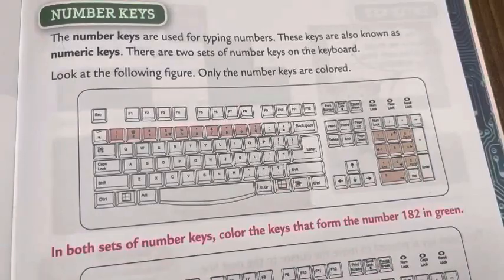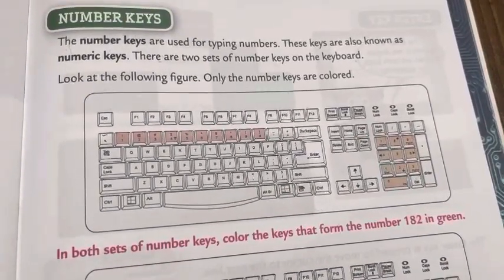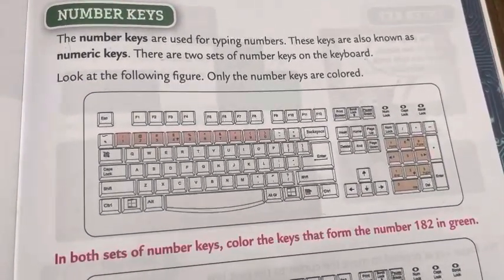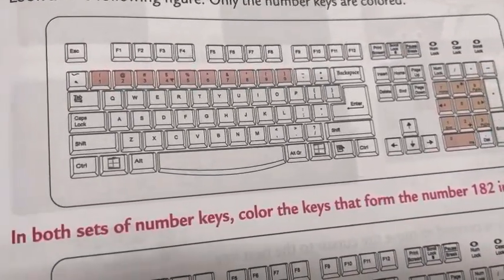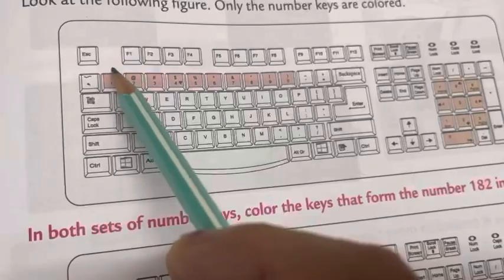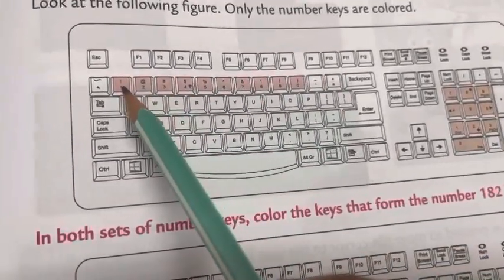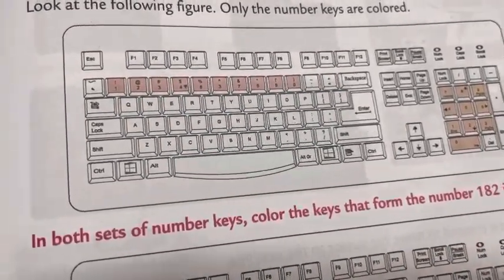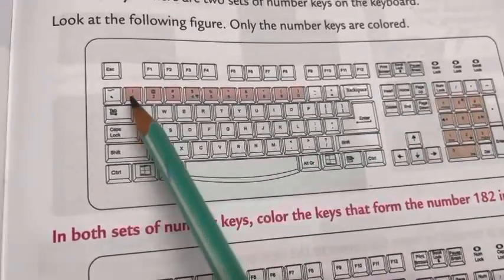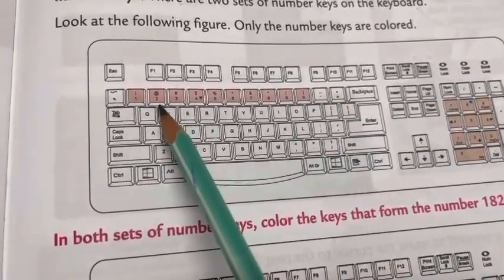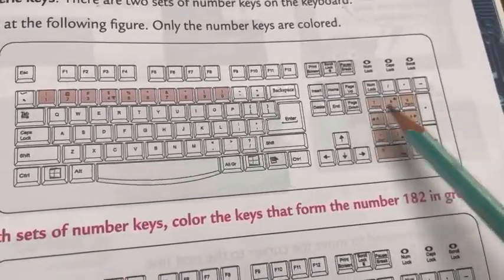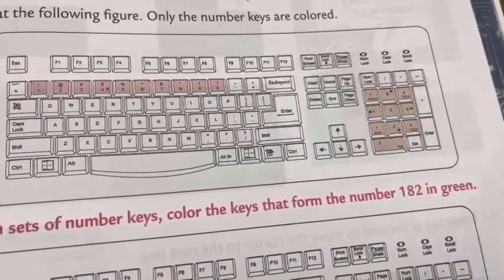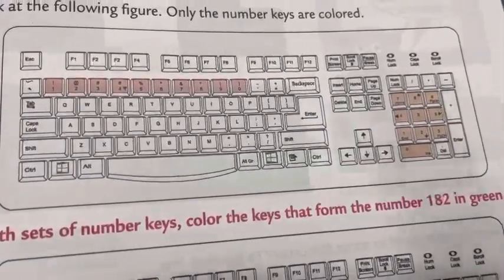And why do we use the number keys? We use the number keys for typing numbers. Whenever we want to type a number on a screen or on a computer, we use the number keys, right? There are two sets of number keys on the keyboard. One is present on the top of the keyboard and the other is present on the right side of the keyboard, right?